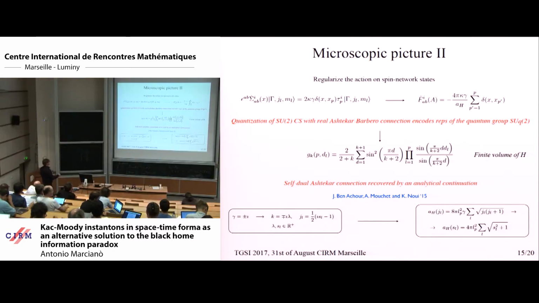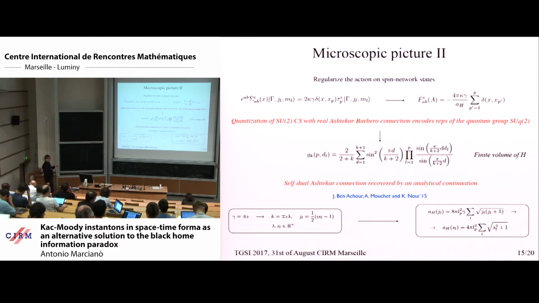Which is basically this analytical prolongation, continuation, which allows also to define this value of the area in terms of real parameters, which is continuous, and gives rise to a level of the Chern-Simons action which is also real and continuous. So it's somehow a different perspective.